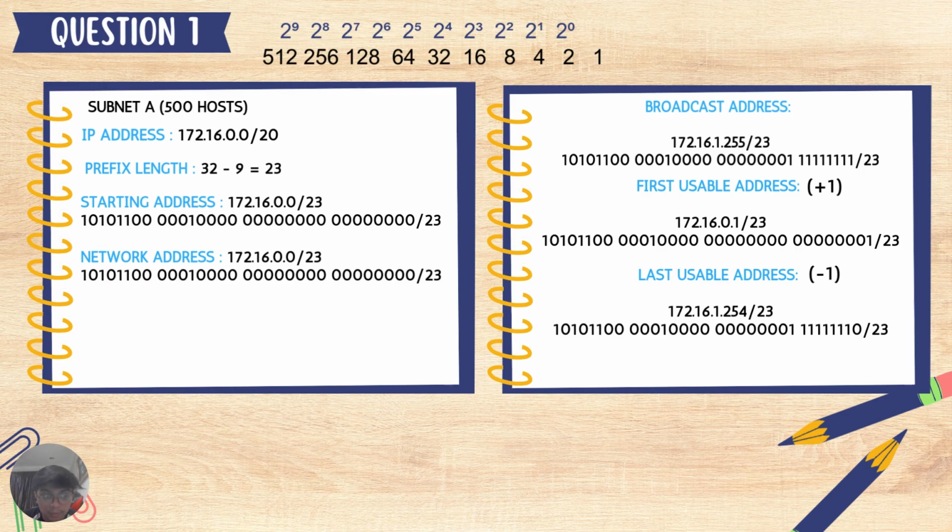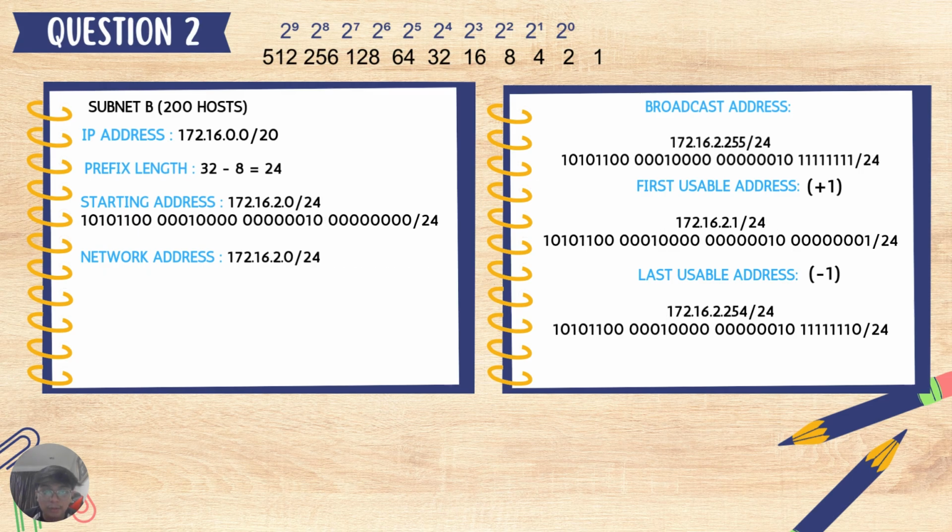Next is the last usable address. It is almost similar to the first usable address, but we have to subtract 1 from the broadcast address, so it becomes 172.16.1.254/23.